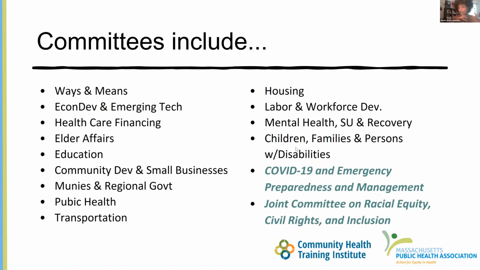When deciding who the conferees are going to be, so who the leaders from the House and Senate are going to be to make decisions around what is actually going to be included or not included in the final budget, we oftentimes have to assign somebody from the minority party to be a part of those conversations to make sure that voice is being heard as well. So there are often rules to ensure that in certain decision-making processes, a voice from the minority party is present. So that's a really good question, Joe.